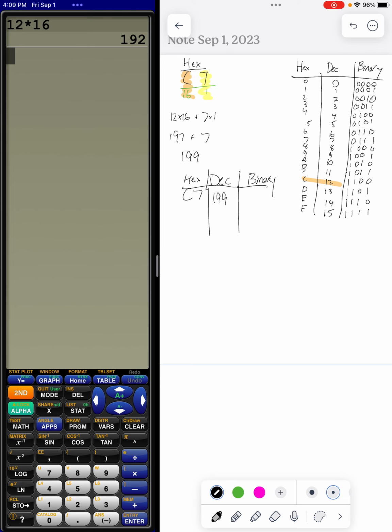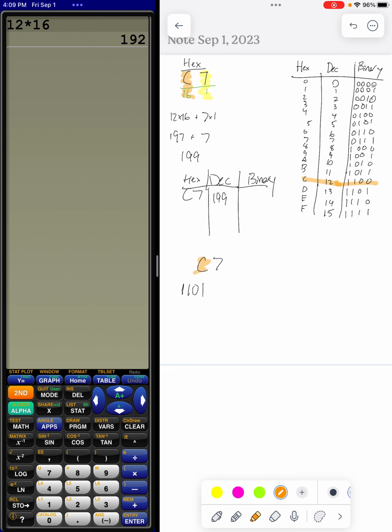Binary is not so bad. First, what we do is we just take every digit in hex and we split it into its equivalent 4-digit binary number. So if C represents 12, that's the same thing as saying 1101, like we said here. So this simply becomes 1101.